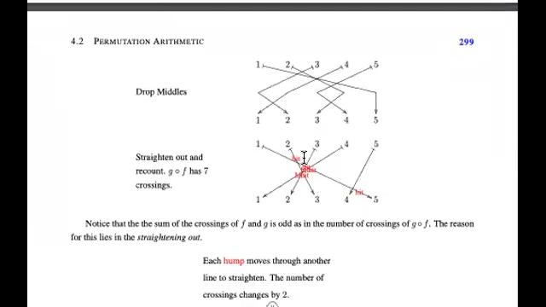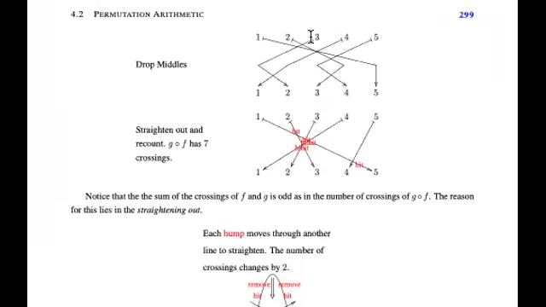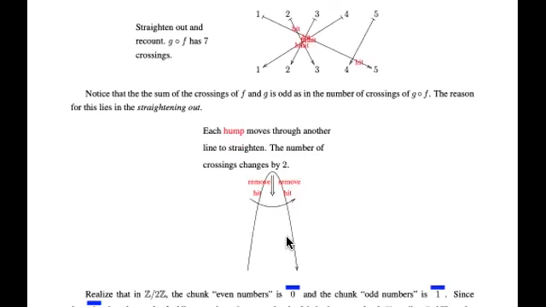So let's think about the procedure for a minute of what happens when we straighten out. When we straighten out, we have a straight line here, and we have a hump. This hump is going to come in and straighten out. We have this crossing some places and this crossing some places. Like this crosses right here, this crosses right here. But if we straighten out, notice that this hump is moved over here. It's like taking something and moving it across the line.